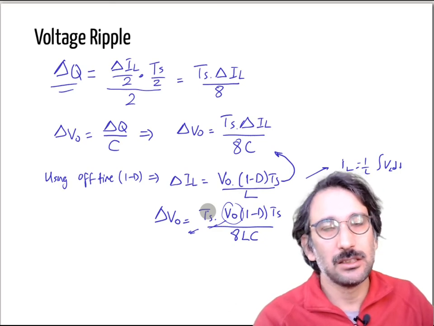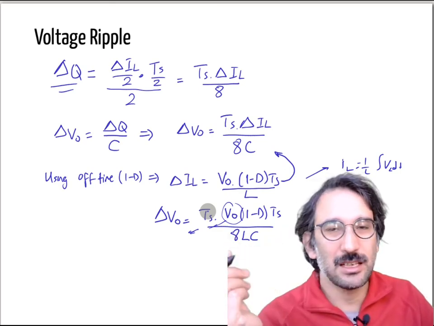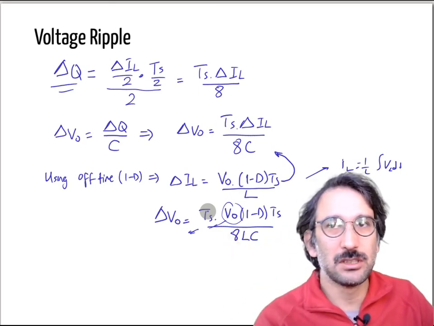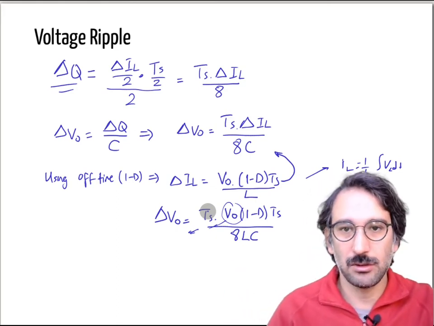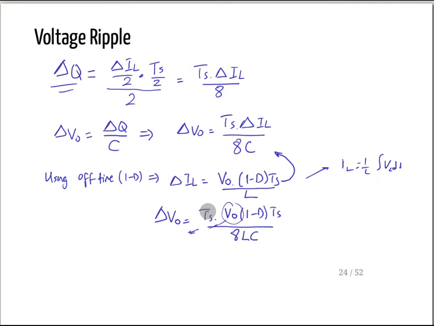So the standard is that ripple voltage is given as a percentage of your output voltage. Let's do the same here: delta Vo divided by Vo, as a ratio, is (1 minus D) Ts squared divided by 8LC.